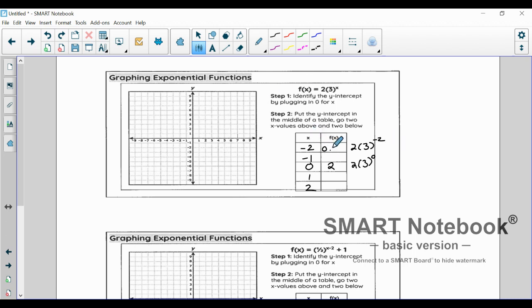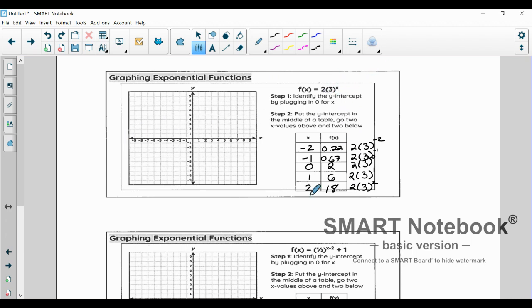That's going to give me 0.22. 2 times 3 to the -1 power in my calculator is giving me 0.67. 2 times 3 to the first is giving me 6. And 2 times 3 to the second is giving me 18.